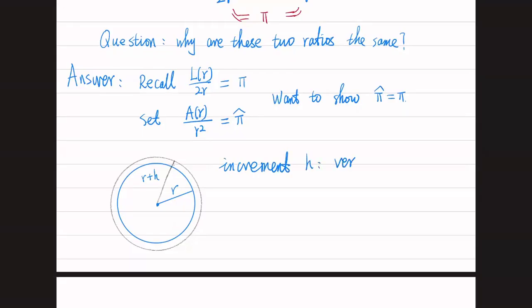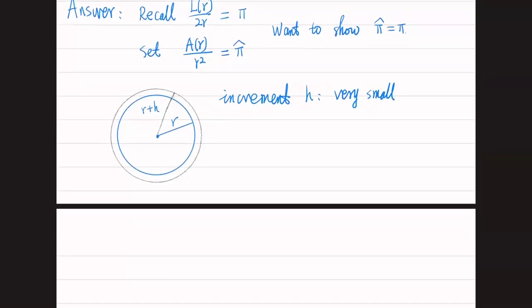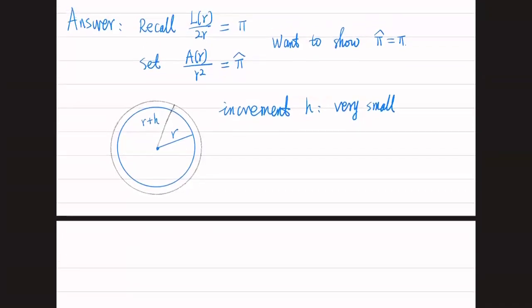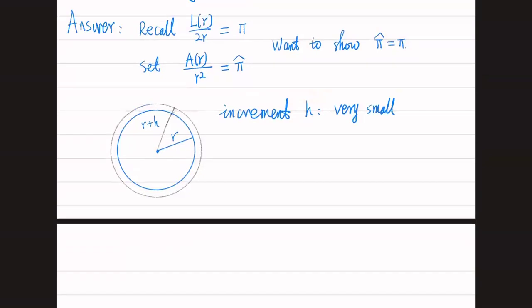Very small. Okay, now let's see what we have. First we want to find the perimeter, the circumference, of this r.